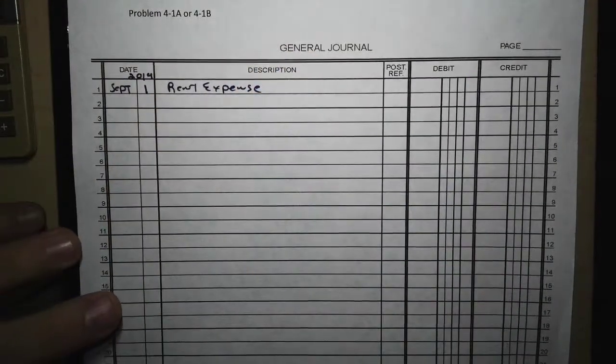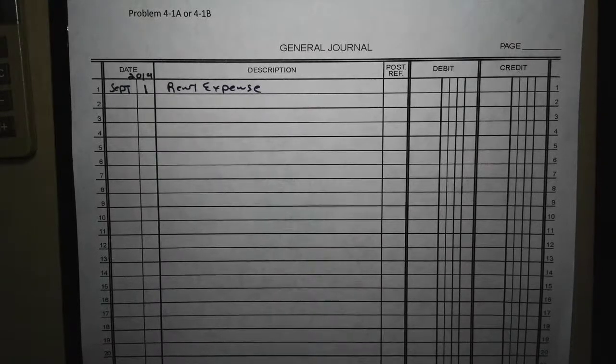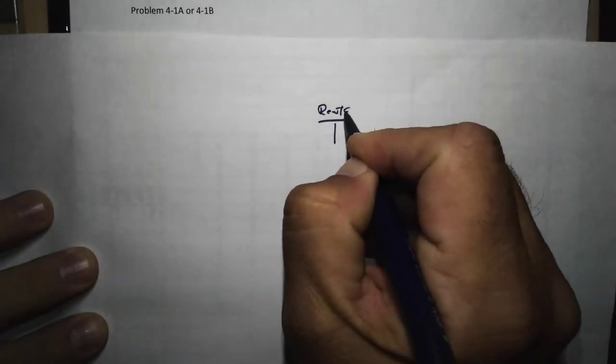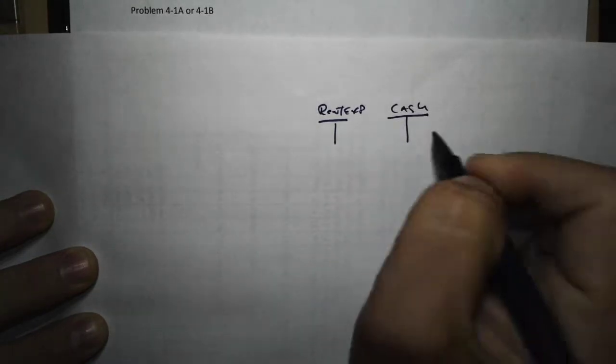Some people like to actually draw the T accounts out on a separate sheet of paper. You're more than welcome to do that. For example, for this transaction here, we would simply draw the T accounts again. We would have rent expense, and we would also pay cash, even though it says issued check.